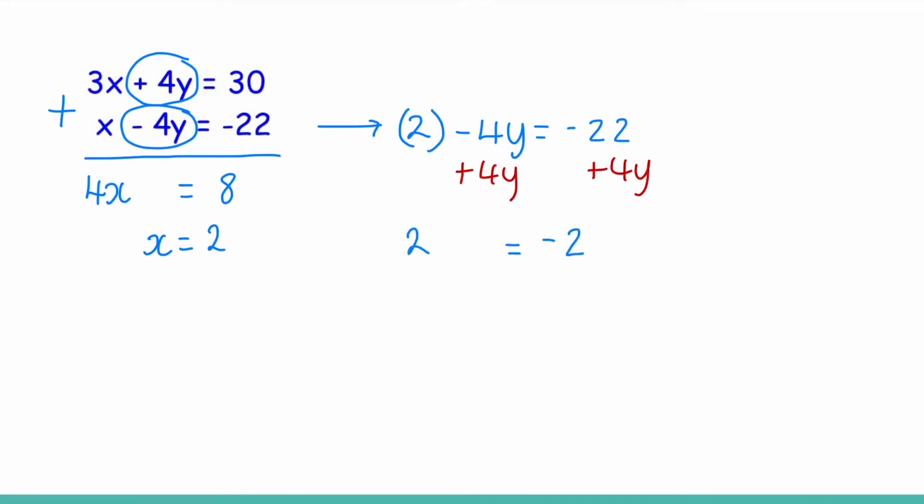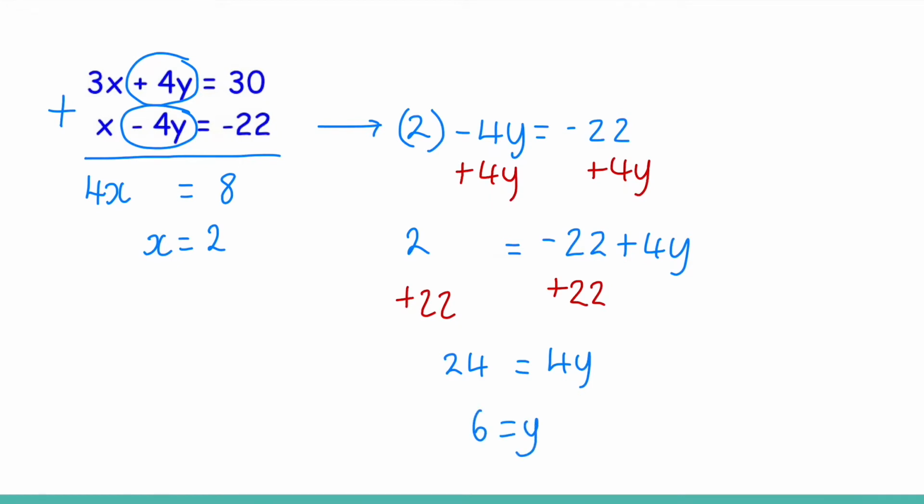So 2 is equal to minus 22 plus 4y. Then I can add the 22. So now I know that 24 is equal to 4y, in which case if I divide by 4, y is 6. So my final answer is that x is 2 and y is equal to 6.